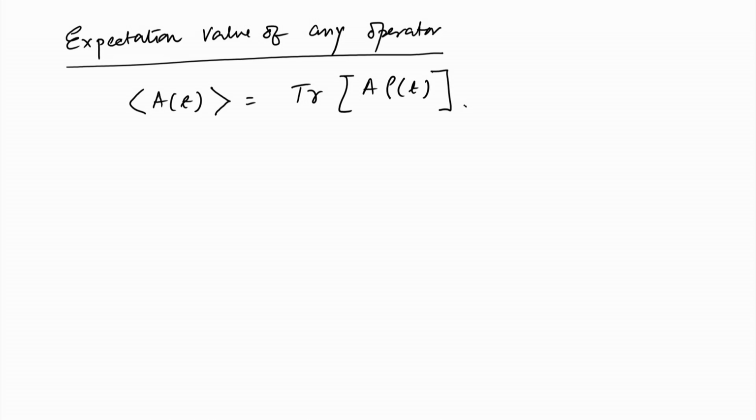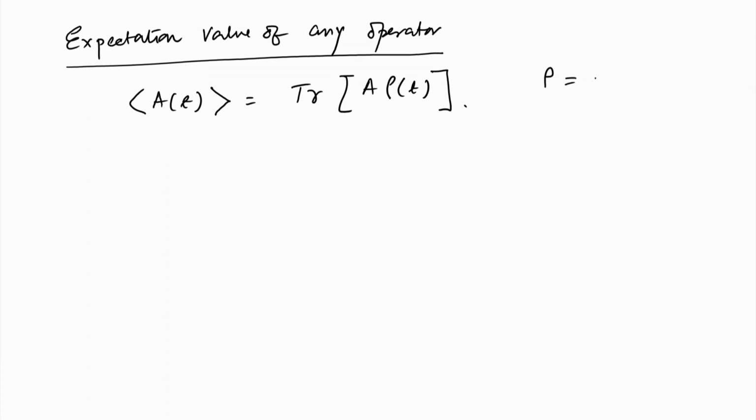So, it is enough to calculate the expectation value of any arbitrary operator just by knowing the density matrix of the system, and rho is of course defined as psi psi.